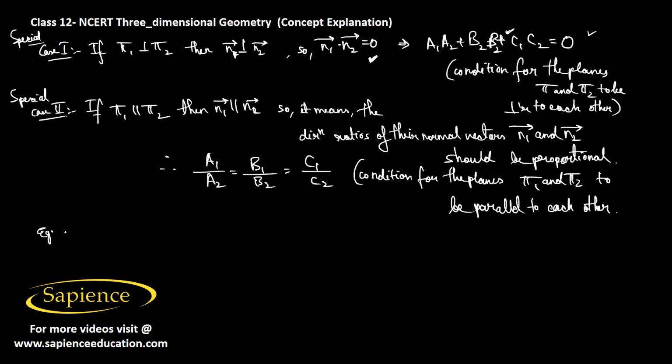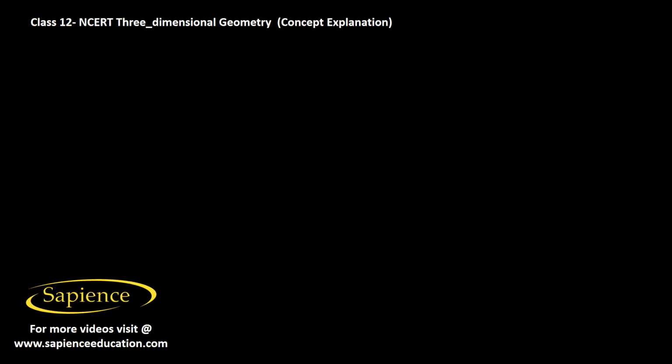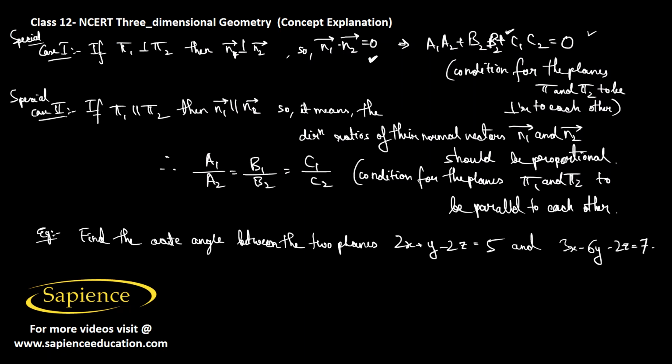Suppose one question has been asked: find the acute angle between the two planes, which are given as 2x plus y minus 2z equal to 5, and 3x minus 6y minus 2z equal to 7.